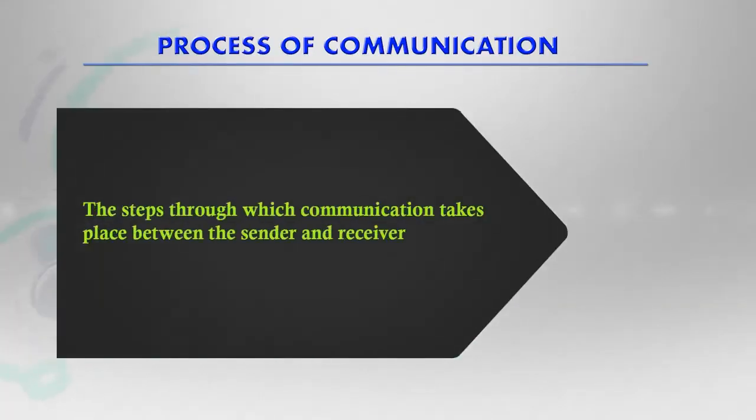If I say about the process of communication, we may say that they are the steps through which communication takes place between the sender and receiver. We have already seen what the sender and receiver are. Sender is someone who develops the idea, and receiver is someone who receives the idea or information.